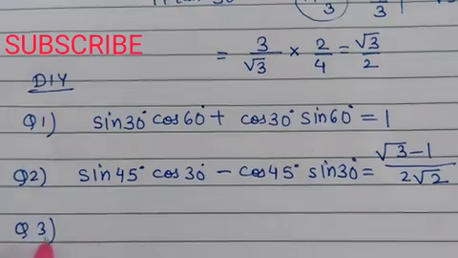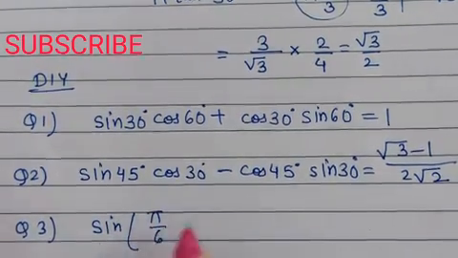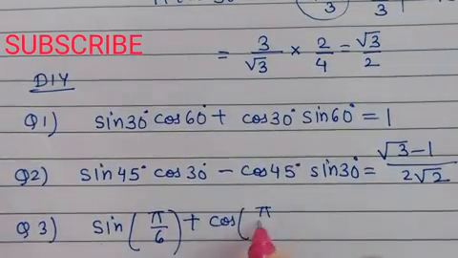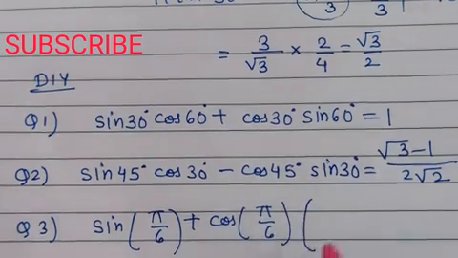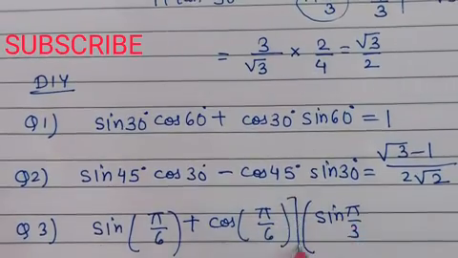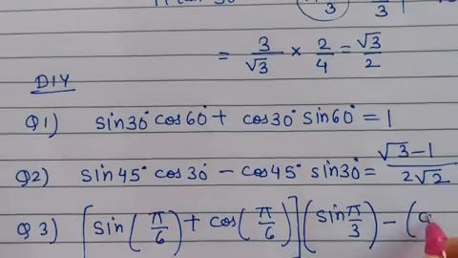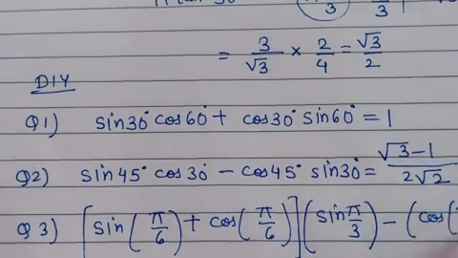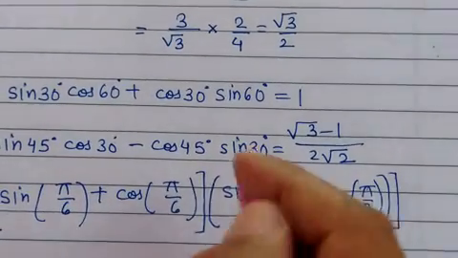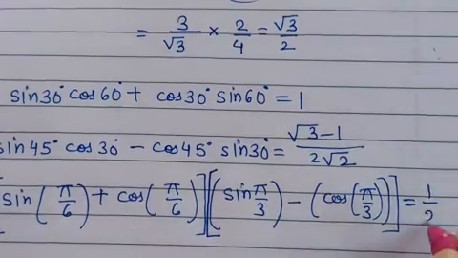Question 3 is sin pi by 6 plus cos pi by 6 within brackets, sin pi by 3 minus cos pi by 3 within square brackets. This we have to prove equal to half.